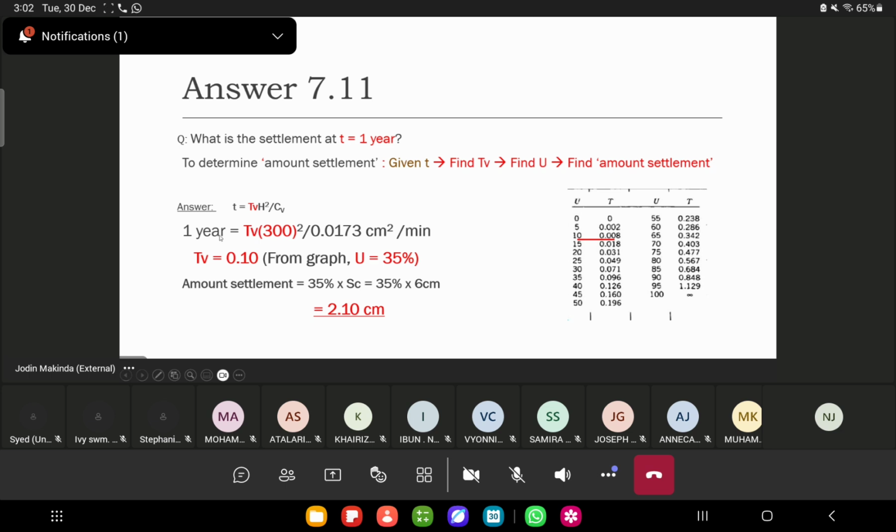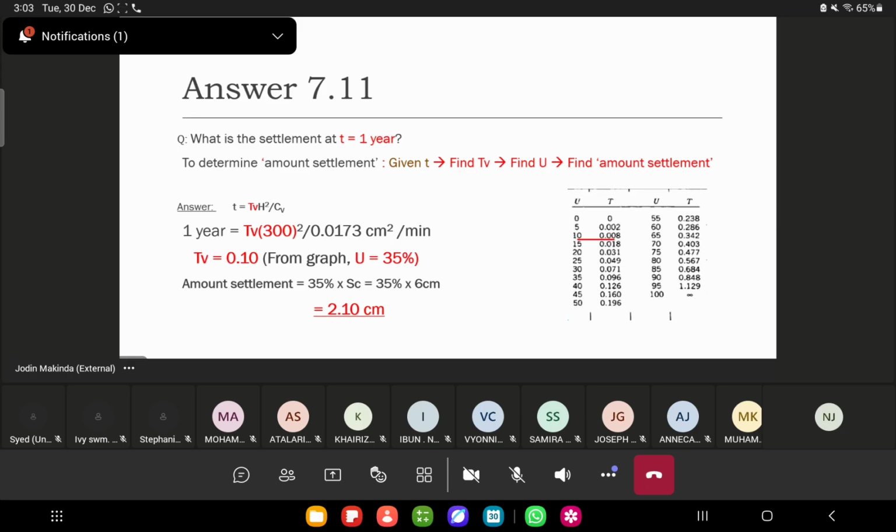In 1 year, we know the time factor is 0.10.